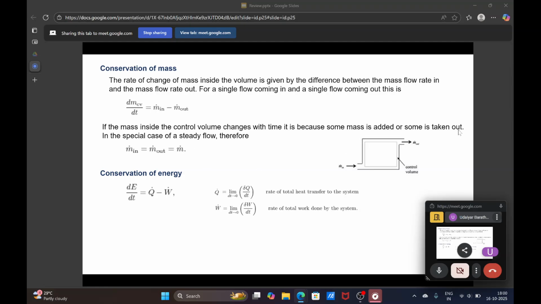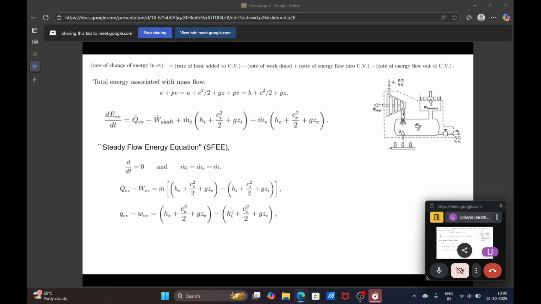So we get mass coming in equals mass going out in the case of the steady flow energy equation, the steady flow process. And for conservation of energy, similarly, the energy coming in minus energy going out equals the energy accumulated in the system. If you also have mass balances, it is the rate of heat added minus the rate of work done plus the rate of energy flow into the system minus the rate of energy flow out of the system.